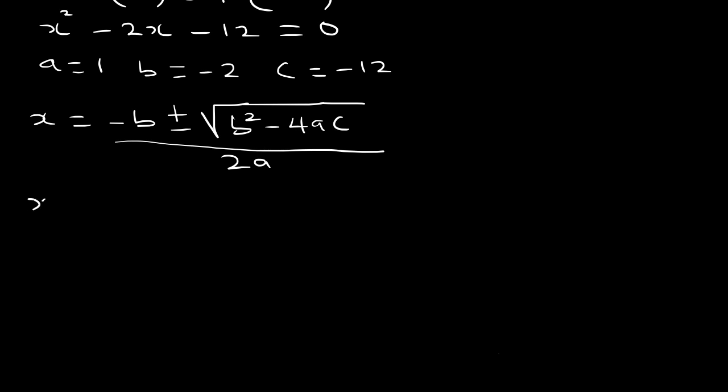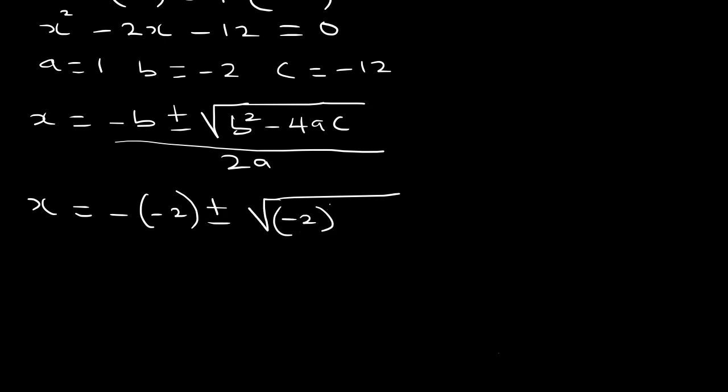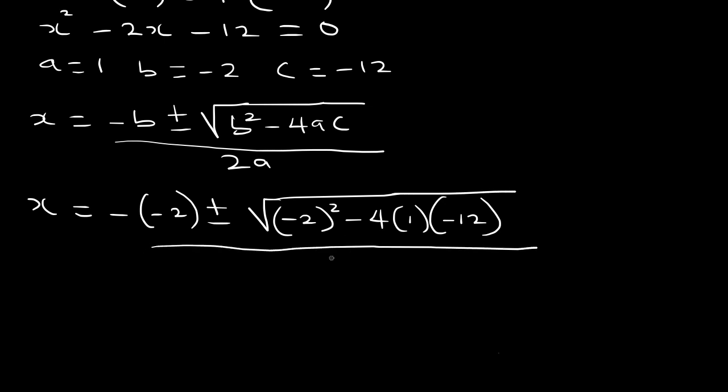So we'll have x is equal to minus b, our b is minus 2, plus or minus the square root of minus 2 squared minus 4a, which is 1, and c is minus 12, everything over 2 times 1.